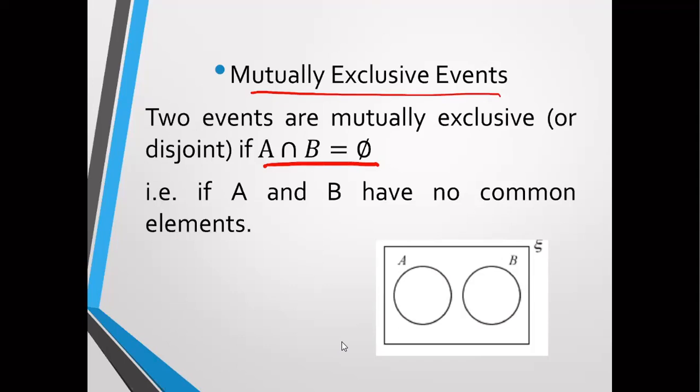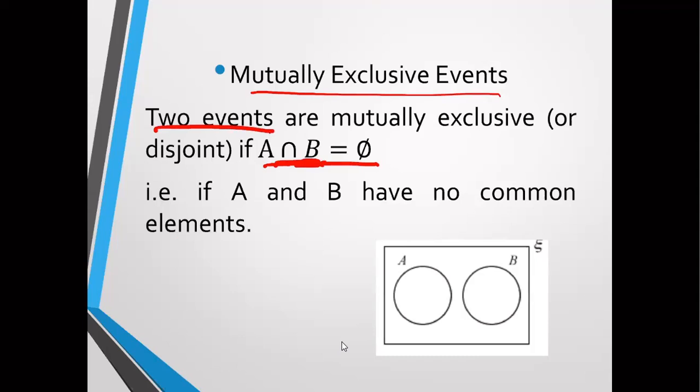They are not mutually exclusive if they have a common region. But here it mentions if A intersection B is a null set, then those two events are called mutually exclusive events. You can see that in this diagram.